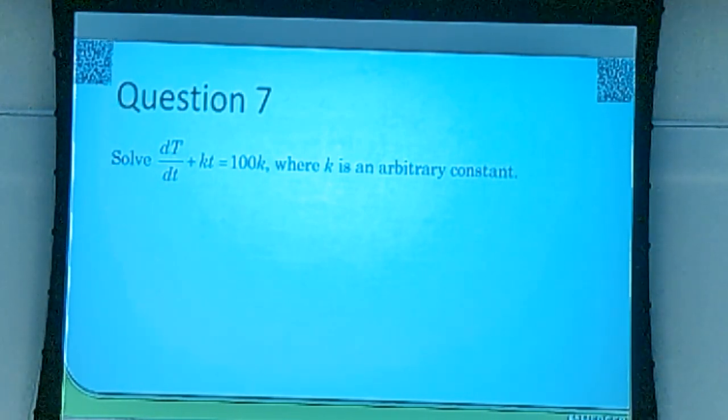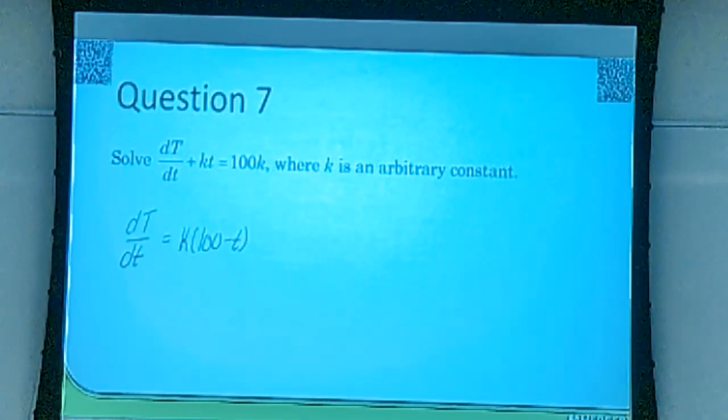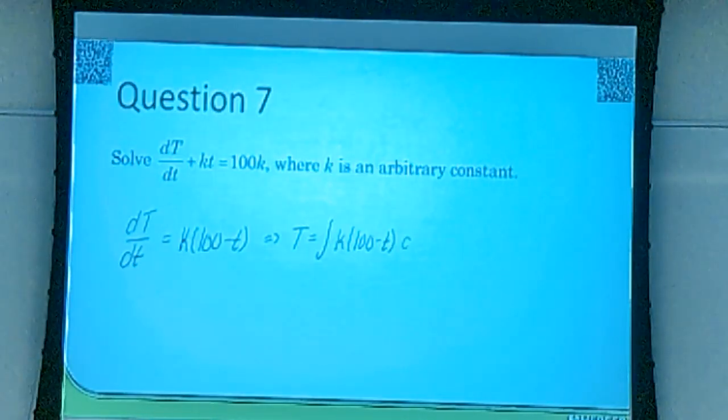That doesn't do anything. So what we're going to do is write it that way.